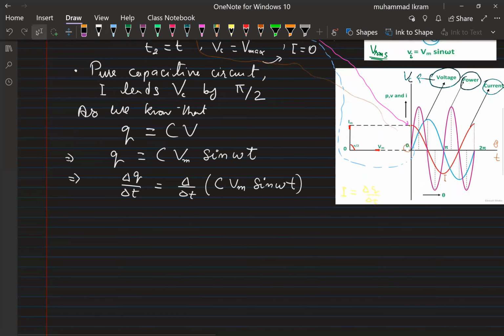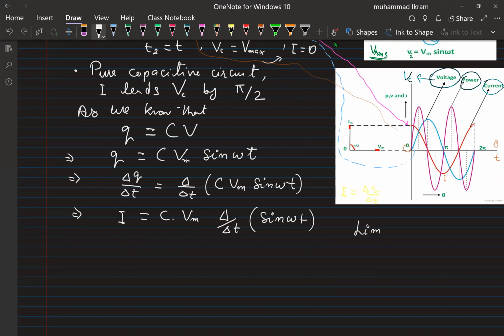You already know that dQ by dt is I. Since the capacitance of the capacitor is constant and Vm, the maximum potential difference, is constant, we take d by dt of sine omega t. Now if you apply the limit as delta t tends to 0, the derivative of sine omega t is cos omega t.